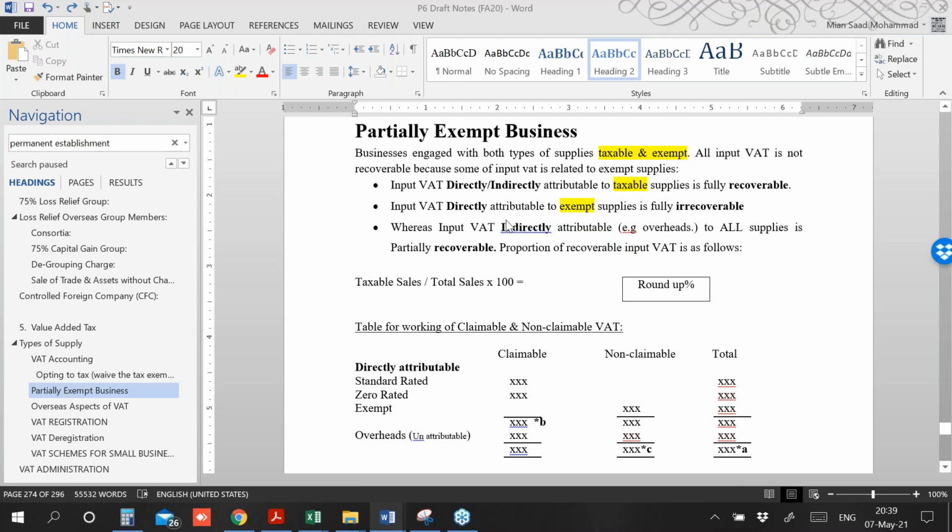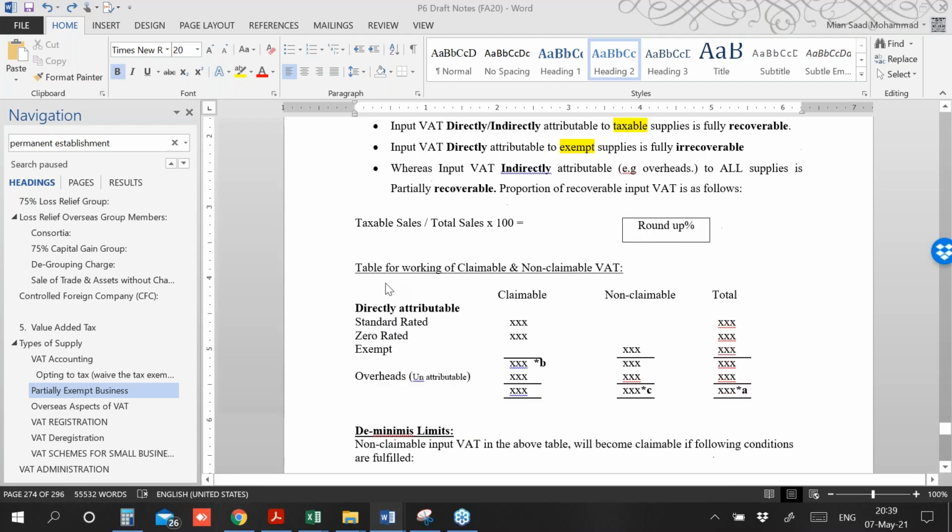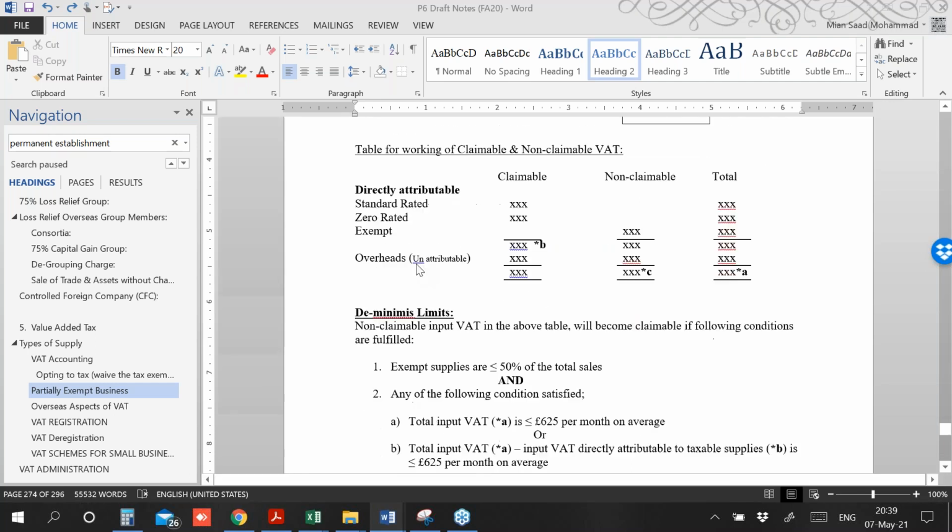Again, exempt sales should be less than 50% of your total sales. So they cannot be more than 50% of your total sales. This is the condition. If you fulfill this condition, then we can apply the test, and if any of the tests succeeds or passes, you can claim the non-claimable input VAT as well.